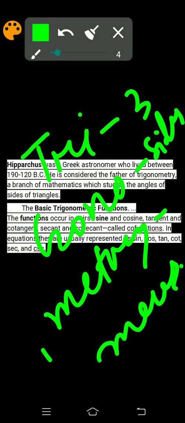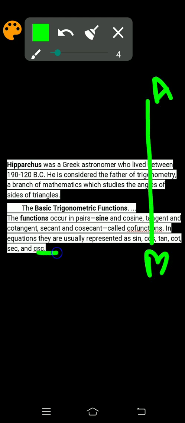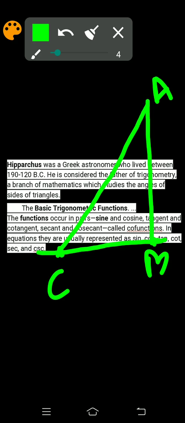So let's see. Suppose you are standing in front of a tower. Suppose the tower is AB, and this is the ground, and you are standing here at the point C. B is the base of the tower, or you can say the foot of the tower. Suppose you are looking at the top of the tower at an angle of 45 degrees.